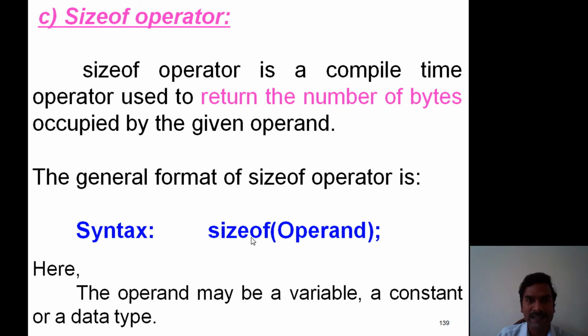There is no space between size and of, and it must be in lowercase characters. Within parentheses, specify the operand. Here, the operand may be a variable, constant or any data type. All are valid.